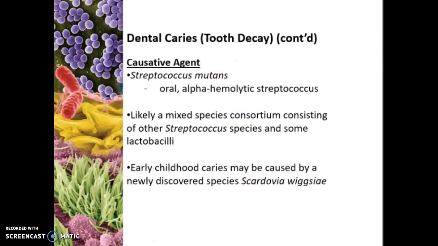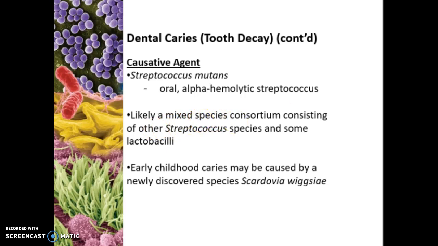So the causative agent in most cases is going to be Streptococcus mutans. They mutate your teeth. This is a very normal oral organism, normal flora within the mouth in the majority of all people. But generally, when you are talking about dental caries, it's going to be a mixed species.